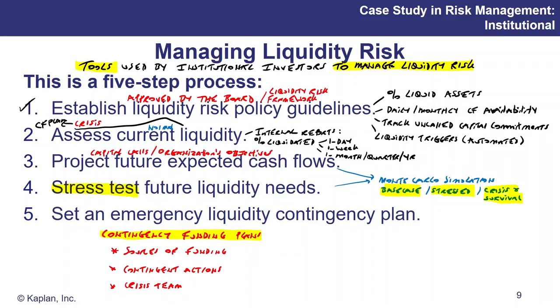And then finally, in the event of a crisis, there should be contingency funding plans in place. As far as sources of funding goes, whether it's credit lines, or, like Harvard had to do, having the ability to borrow in that way, hopefully within the portfolio there are more traditional sources of liquidity.